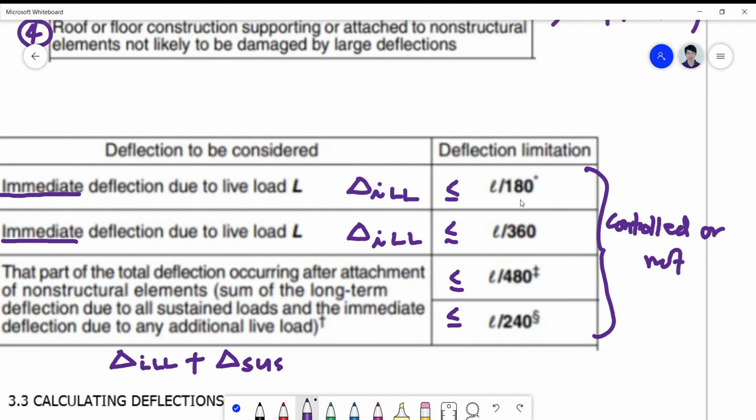And take a look. The biggest deflection limit is this one. This is number 1 in terms of the biggest value, and this is the last, the smallest. This is the third, and this is the second.